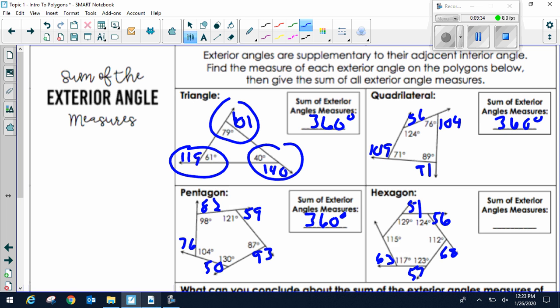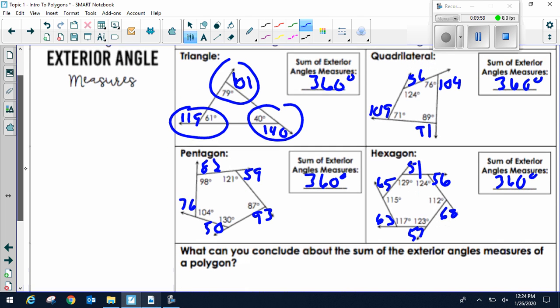And then 180 minus 115 gives me 65 in here. And now let's add them all up and see what we get. You get 360 degrees.